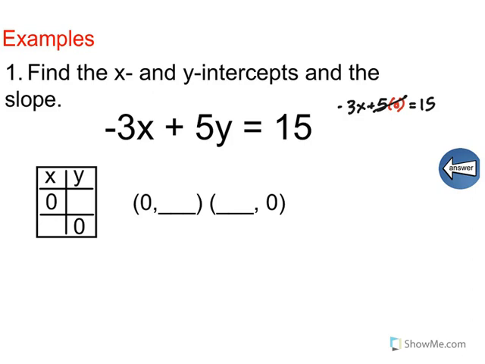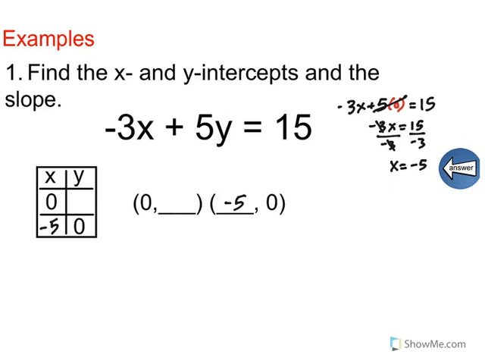That part goes away because 5 times 0 is 0. Then we have negative 3x equals 15, and dividing both sides by -3 we get x equals -5. So our x-intercept is -5, 0, because when y is 0, x is -5.